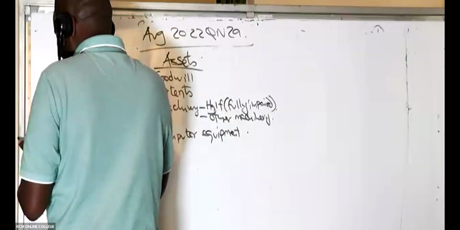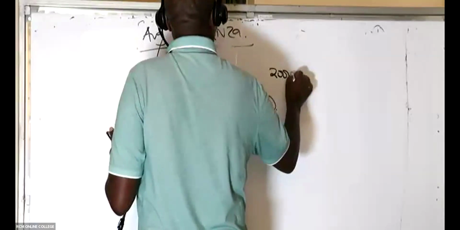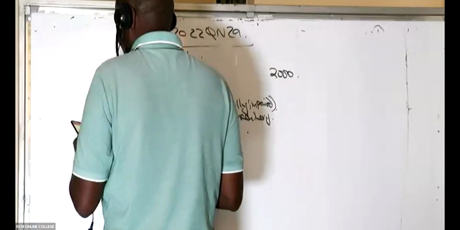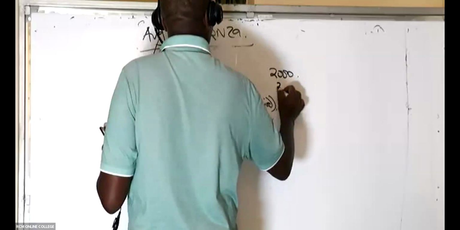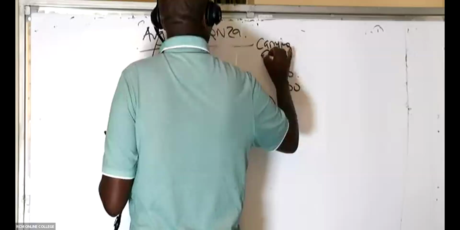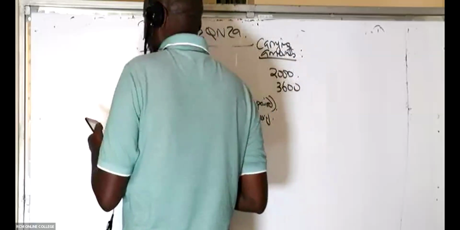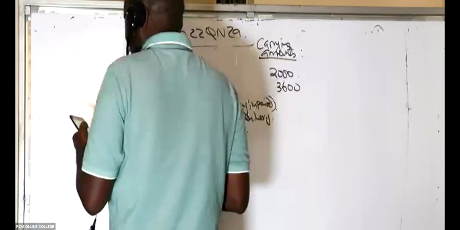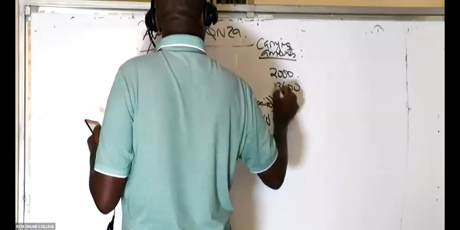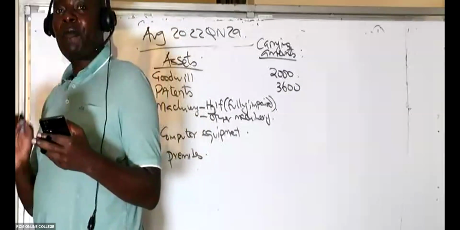Goodwill, 2,000. Patents, 3,600. Remember, these are their carrying amounts. Then we have 4,000 as total machinery, of which half was fully impaired.